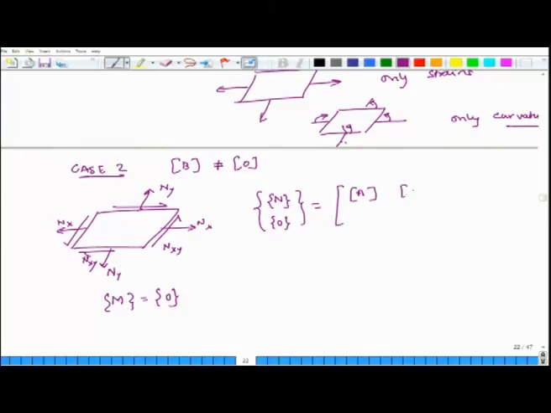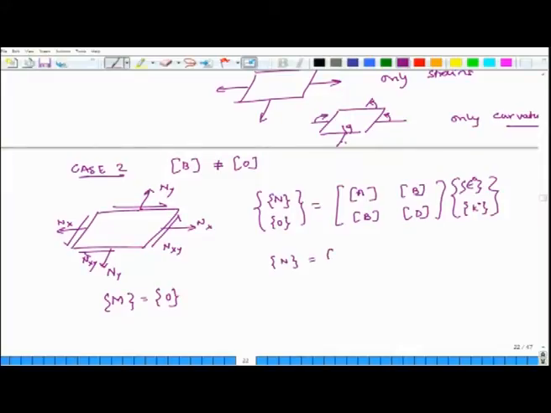So, this is equal to A, B, B and D, times mid plane strains and curvatures. So, we want to figure out what kind of strains and curvatures are in this plate. Now, in this case, because the B matrix is not 0, we cannot say for sure that mid plane curvatures will be non-zero, because when I write two individual sets of equations, what do I get?